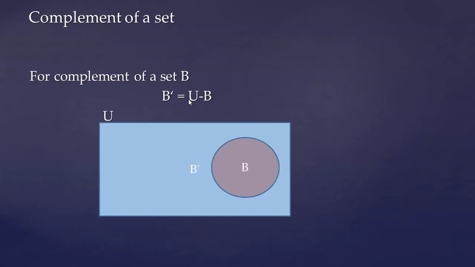The whole rectangle is the universal set and B is a subset of set U, and this shaded region represents the complement.